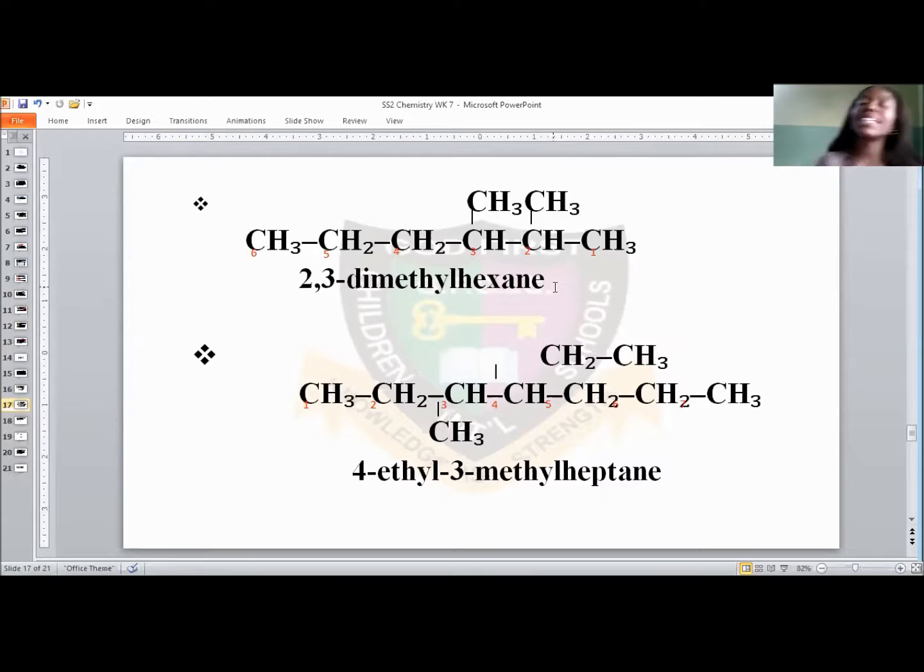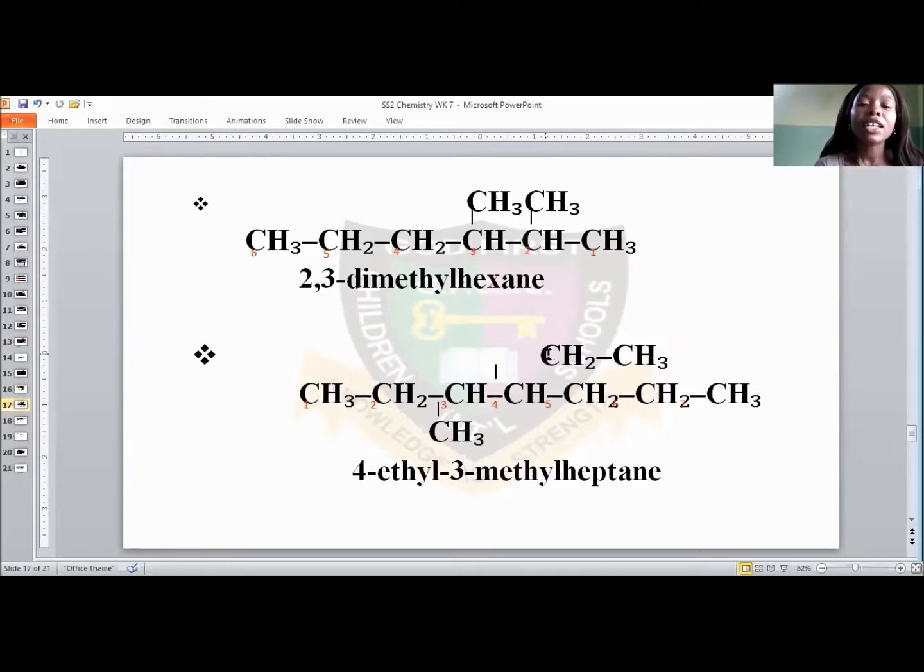Remember I told you when there are 2 or more substituents of the same kind, you use di, tri, or tetra. So we are using di because there are 2 substituents of the same kind. So I have 2,3-dimethyl hexane.